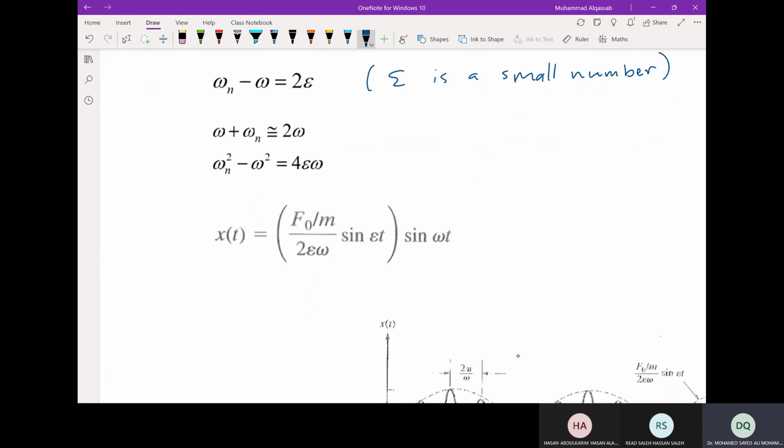This is an approximation, as you can see, because omega is very close to omega n. And omega n squared minus omega squared can be factorized, right? Omega n minus omega multiplied by omega plus omega n. Omega n minus omega is 2 epsilon, omega plus omega n is 2 omega. So this becomes 4 epsilon omega.